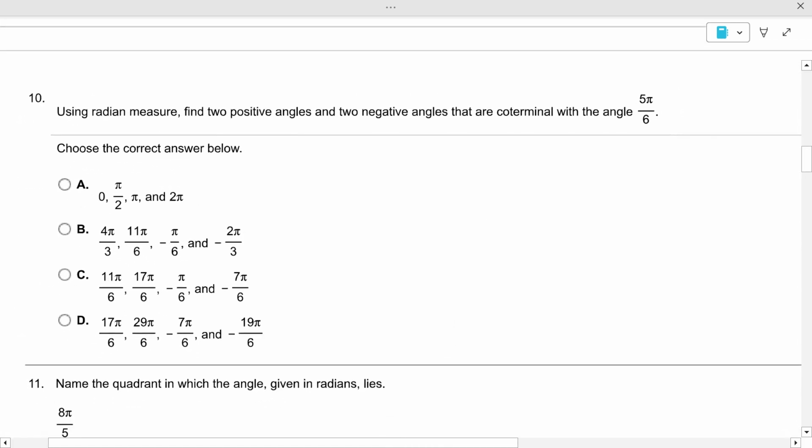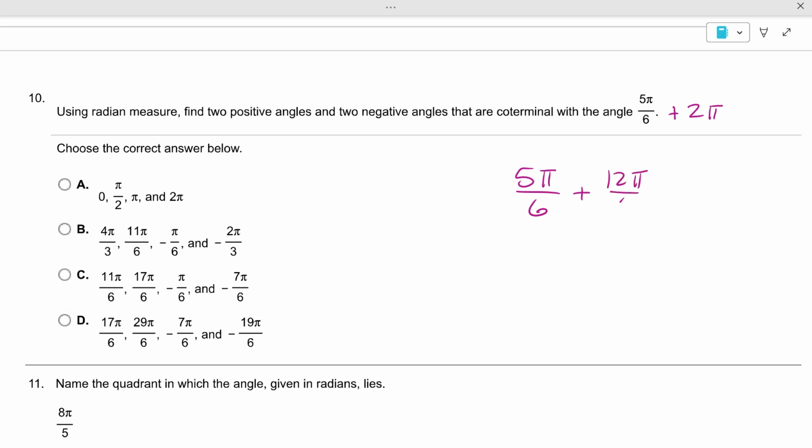Okay, this one is one of the most missed questions on the test because you guys forget how to work with fractions. What you have to do is add 2 pi onto this because we're dealing with radians, and coterminal angles are 360 degrees apart. Well, 360 degrees apart are 2 pi apart. So you're going to add 2 pi to that. Well, 2 pi is what over 6? 12 pi over 6, because this has to be twice as big as that.